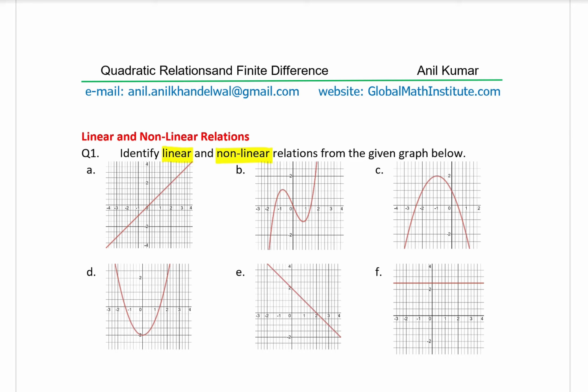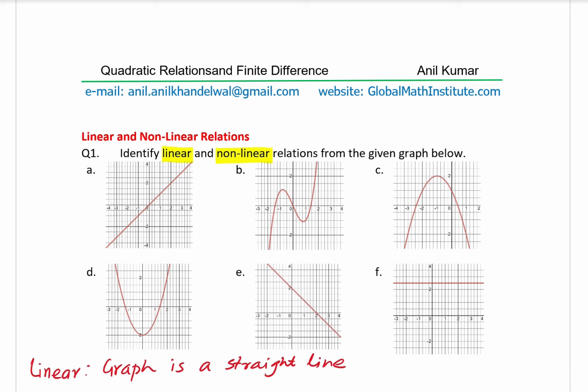So basically, when I say linear, it means what? A linear graph is a straight line. So all the graphs which represent a straight line will be representing linear functions.